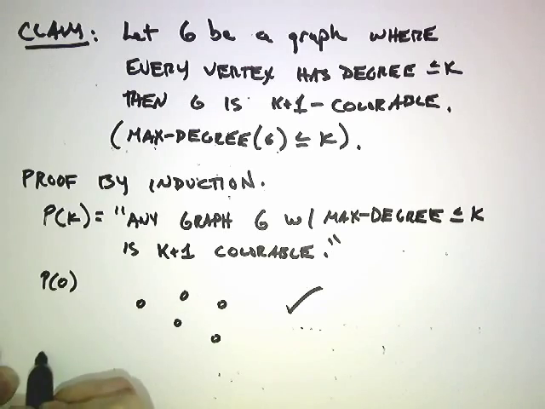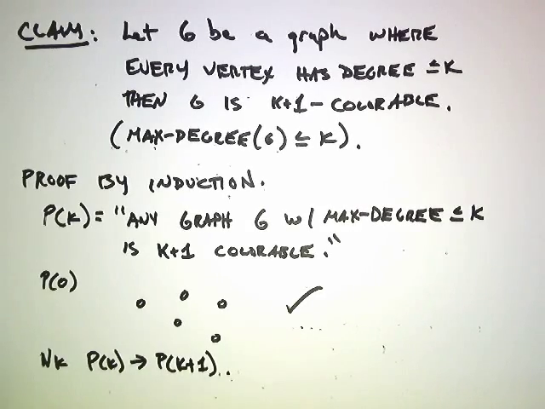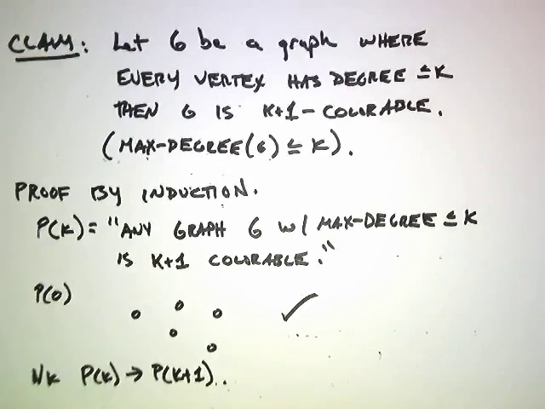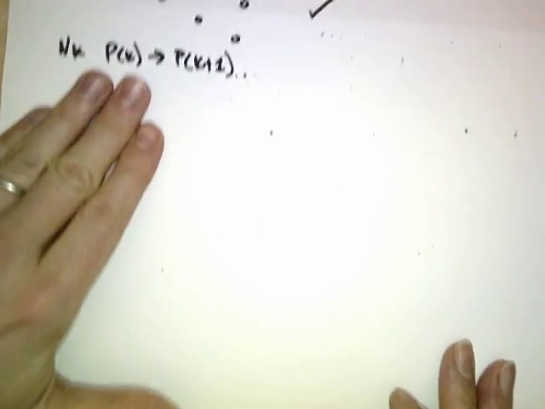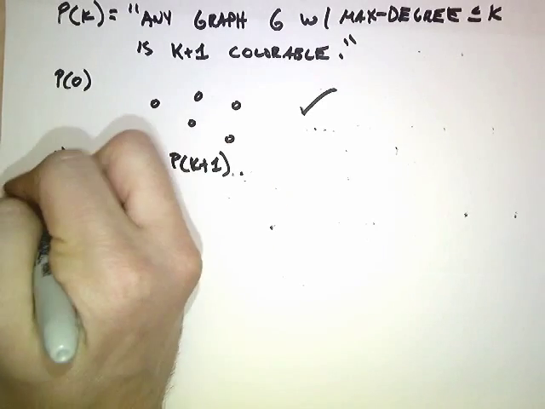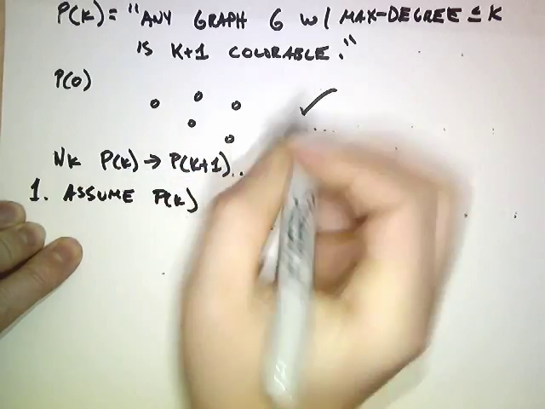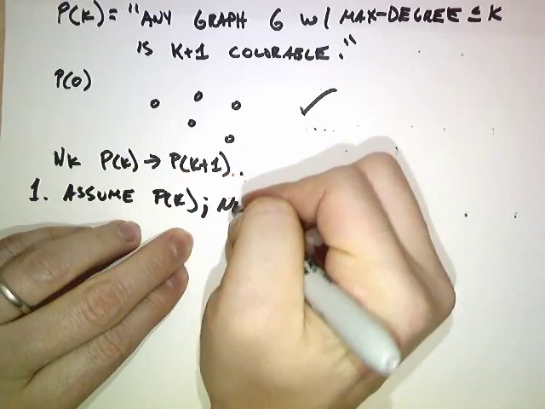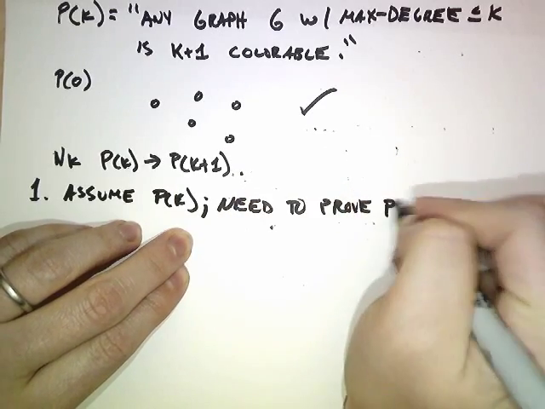Now we need to show that for all k, P of k implies P of k plus 1. Okay. Let me move this up so you can see P of k. So we assume P of k is true. We need to prove P of k plus 1 is true.